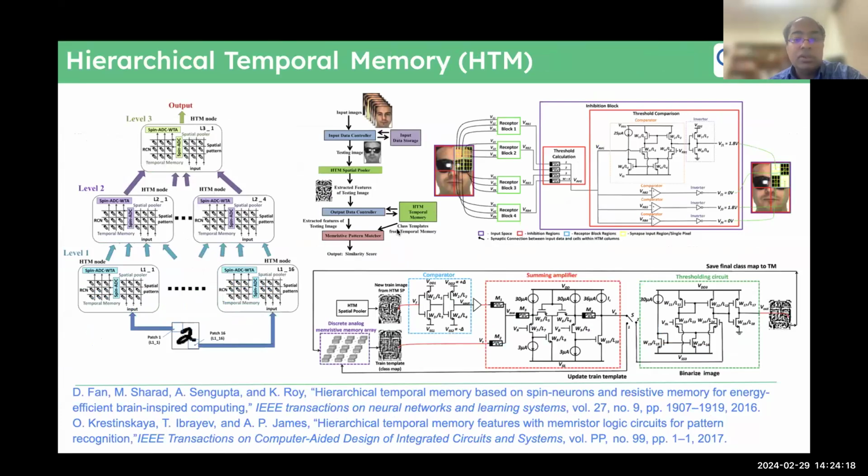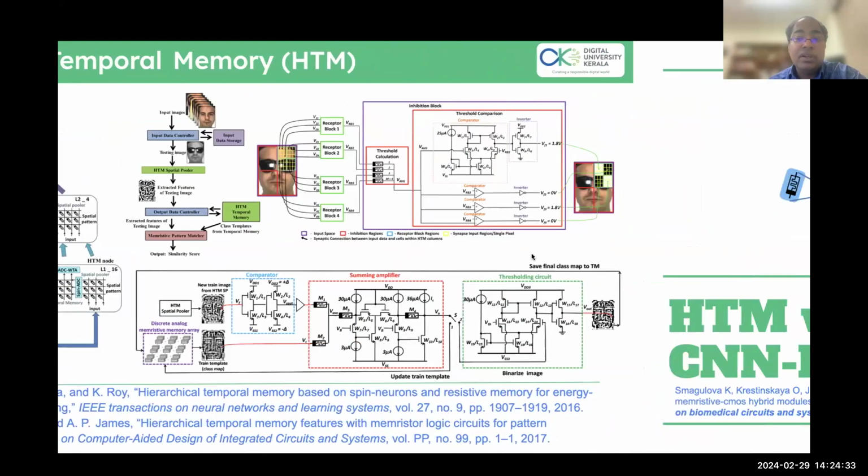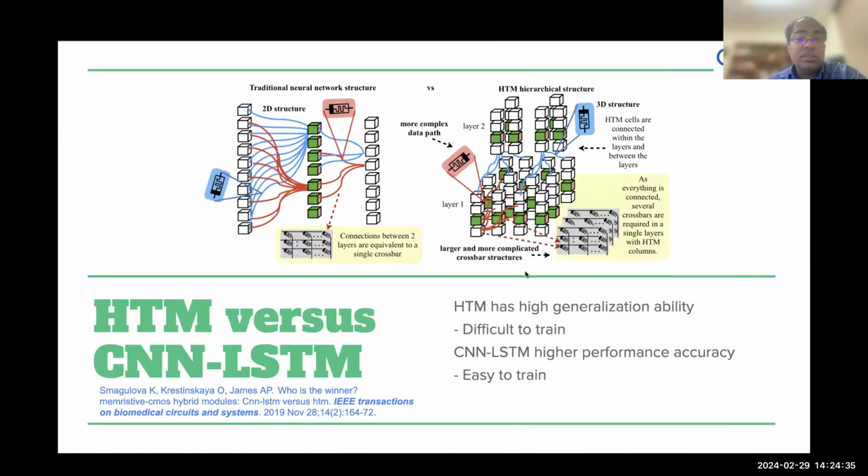Can we do a single chip based face recognition where the compute can happen next to the pixel itself rather than having A to D converters and sending the data, and we do it just next to the pixel.